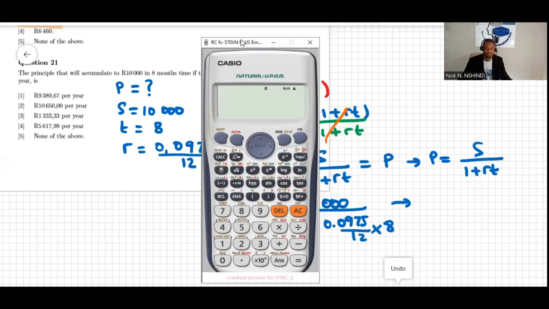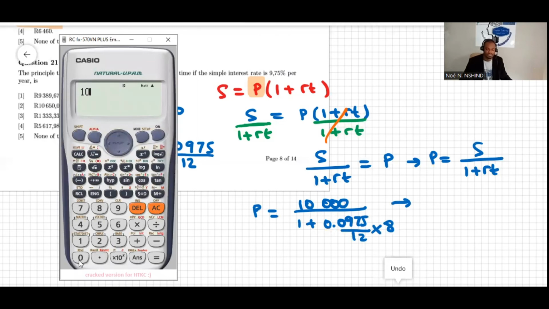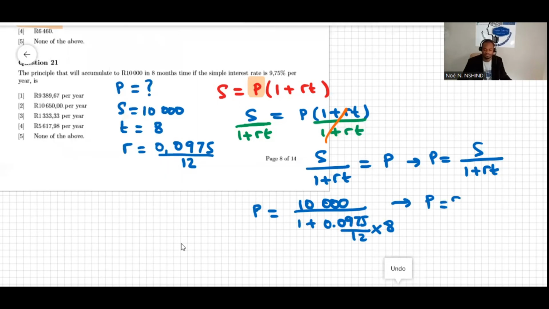This will be 10,000 over 1 plus 0.0975 over 12, multiply by 8, and then press equal. This is equal to 9,389.67. So P will be 9,389.67, which is basically alternative 1. The next question will be on the next page.